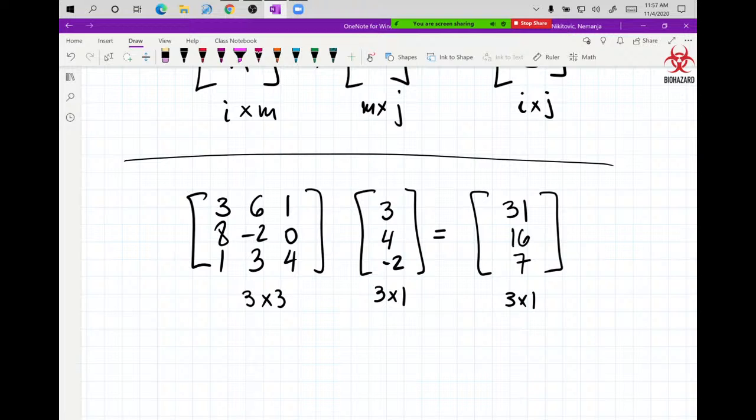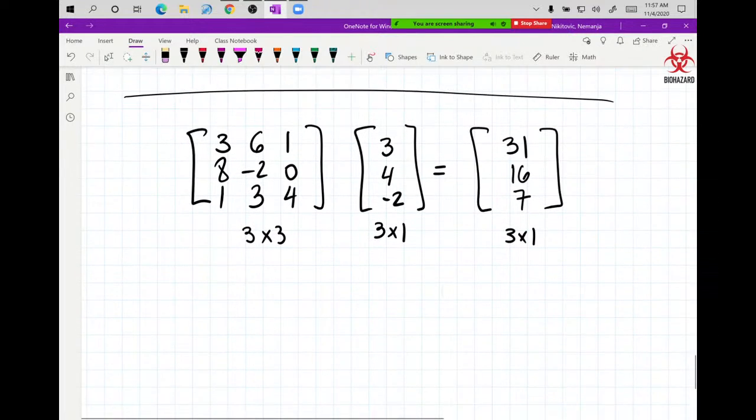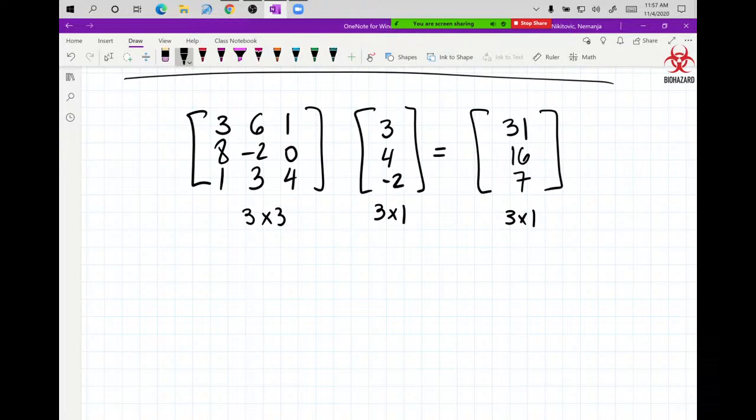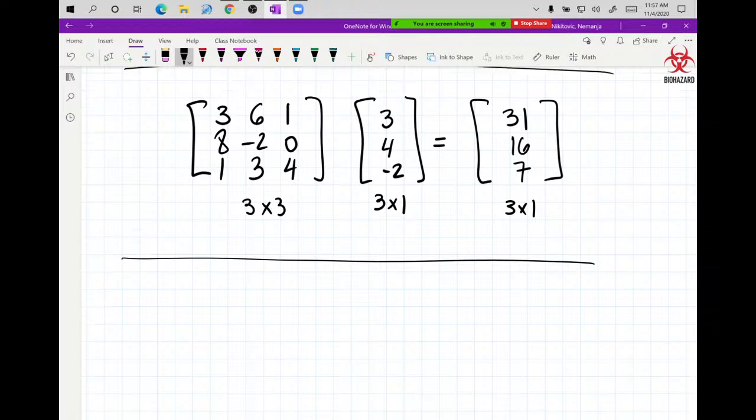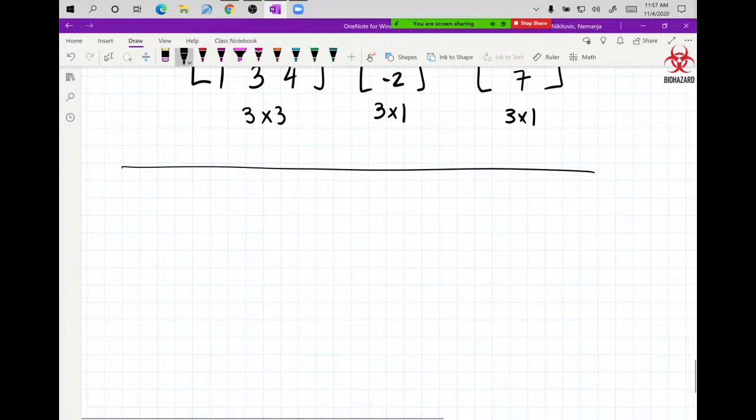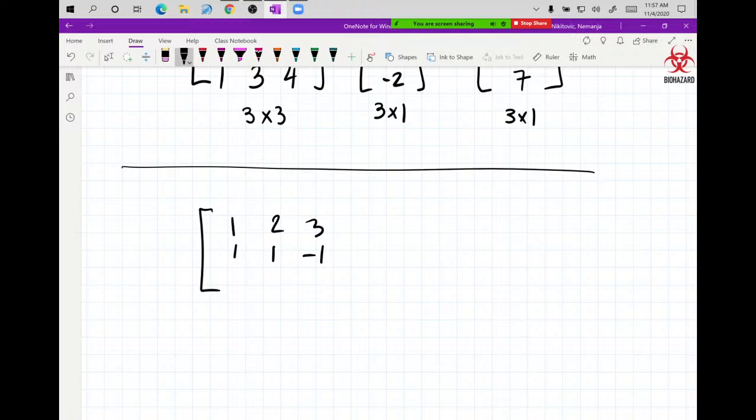So that's the matrix-matrix multiplication, and I just want to give a little twist on this problem. Let's say you have a matrix 1, 2, 3, 1, 1, negative 1, 2, 4, and, I don't know, 2, whatever.